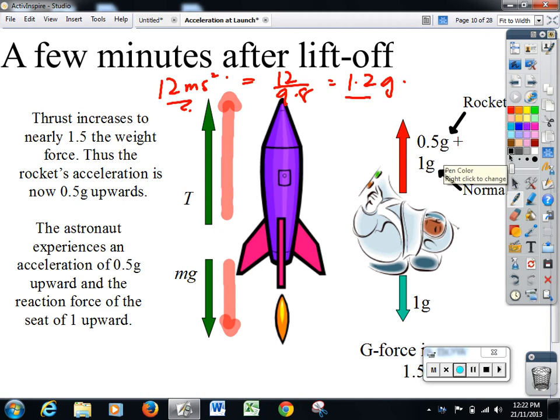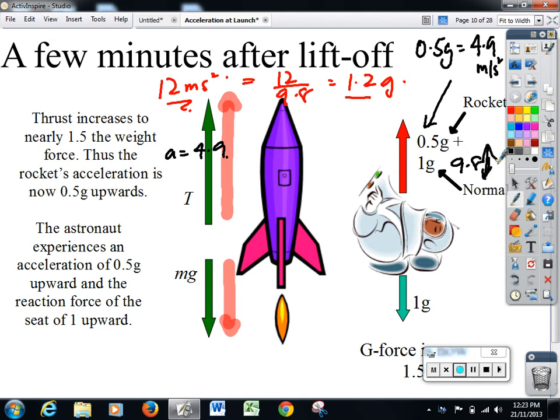In this example here, we have the acceleration of the rocket as being 0.5 g, which is equal to 4.9 meters per second squared. So we're imagining now that the acceleration here is 4.9, and we still have normal g of 9.8 being pulled down, which means the seat is pushing up at 9.8.